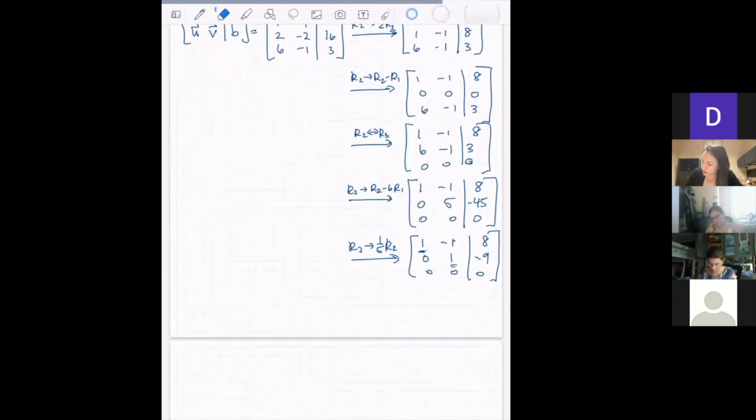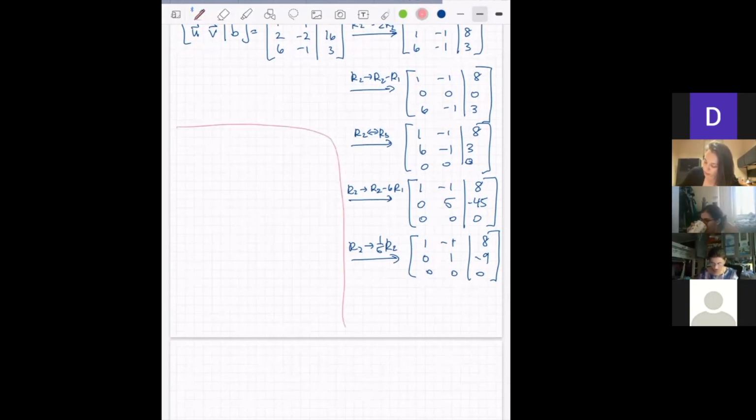Let me clean this up just a little. Writing down what this means, we get, I'll actually just use this area here.